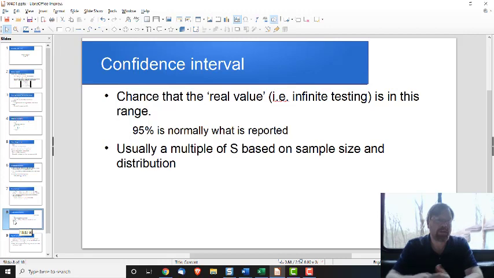You'd look up your sample size and what probability range you wanted, 95, 98, 90. You rarely went below that, and you'd come up with the multiple of how many standard deviations away from the mean that is.